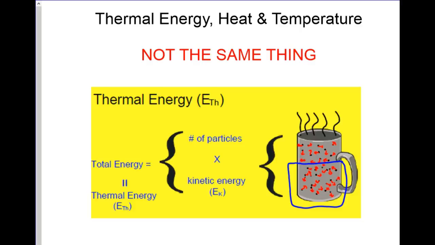It goes slower, so the total thermal energy is actually going to decrease. So when I talk about thermal energy, I'm talking about how fast all of the particles in that substance are moving. I can change that by adding or removing particles, or by making those particles go by faster or slower.